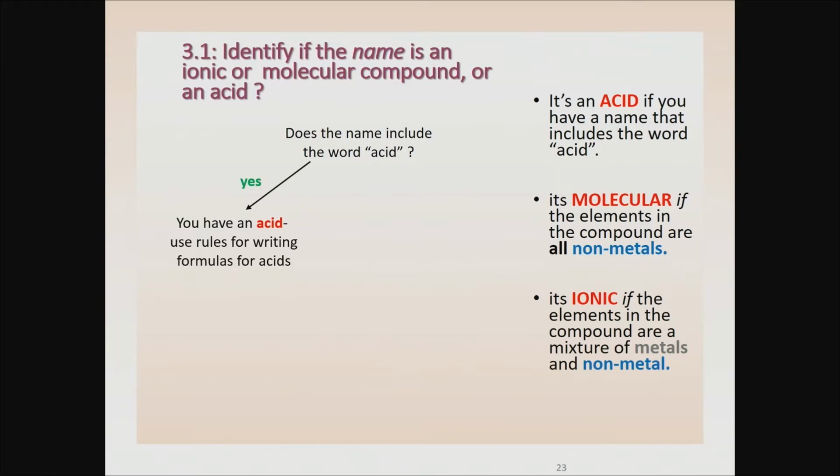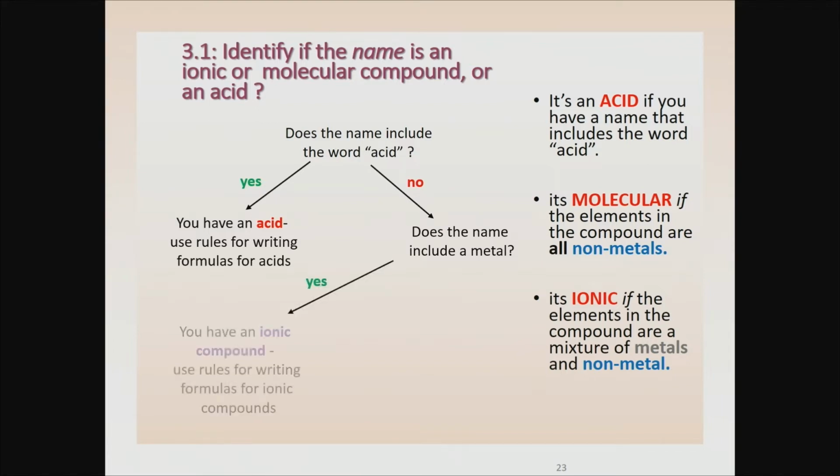Now, let's say you're looking at the name again and you don't see the word acid. Then you ask yourself a second question. This name, does it have a metal in it? And so if the name has a metal in it, then what you do is you recognize that this is probably a compound which has a mixture of metals and nonmetals, and therefore it's an ionic compound. And so you need to know the rules for writing out formulas for ionic compounds.